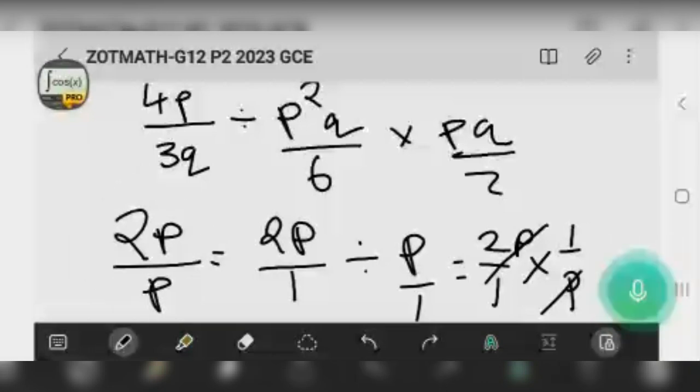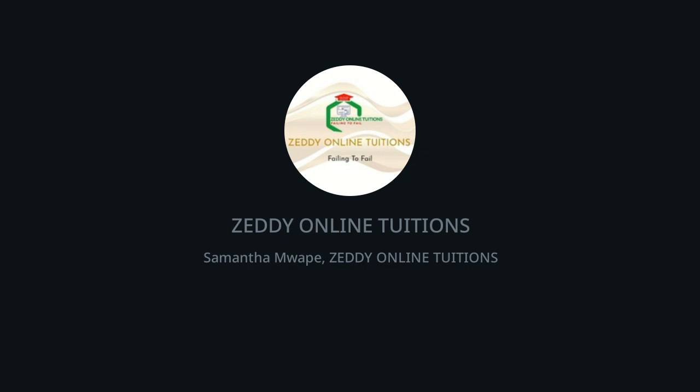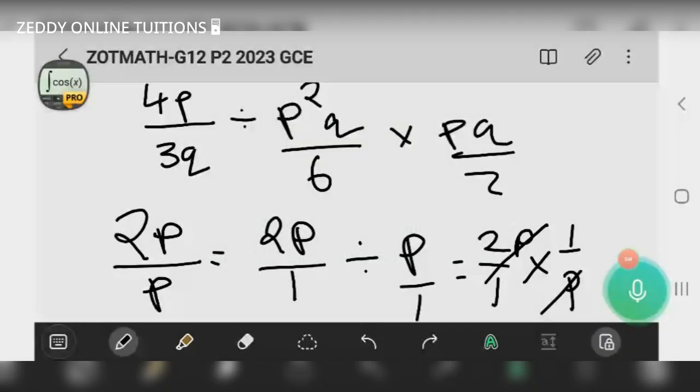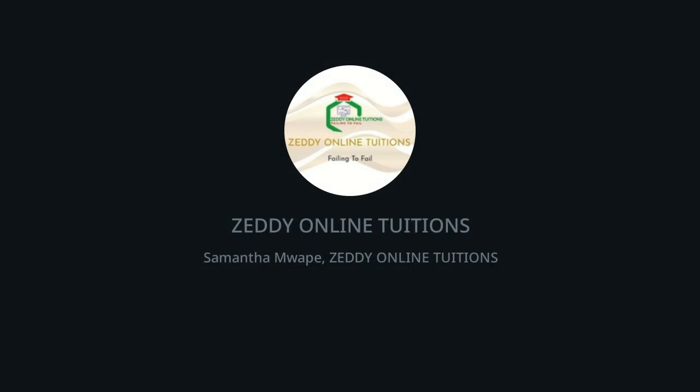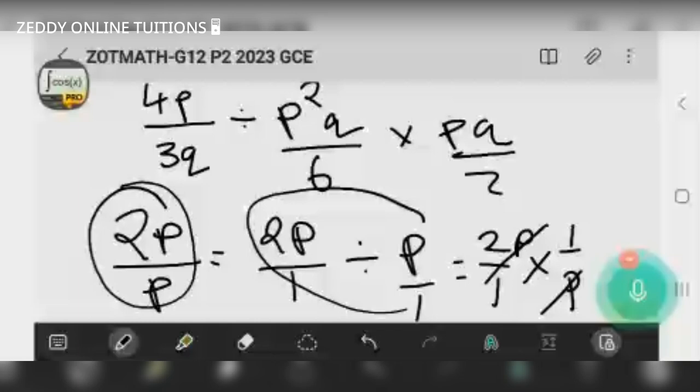So now, why don't we have multiplication here? We don't have multiplication because we are dividing two fractions. Are you getting the point? That's why I've used this simple fraction, which can be also expressed as this. It's just one and the same thing.